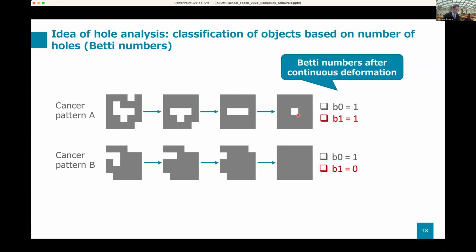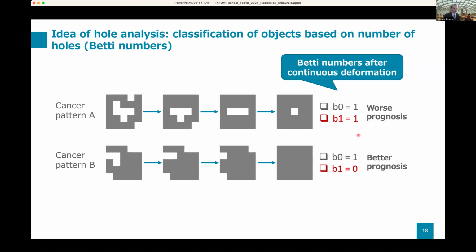Then we can classify cancer patterns according to Betti numbers like this. If the Betti number B1 is equal to 1, the patient maybe has a worse prognosis. And this patient maybe has a better prognosis.